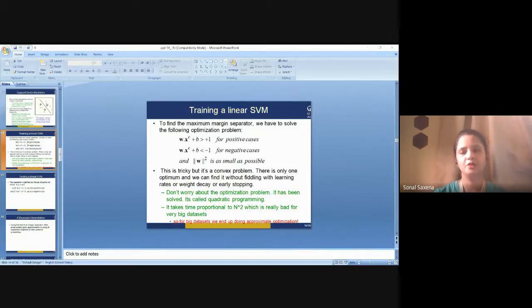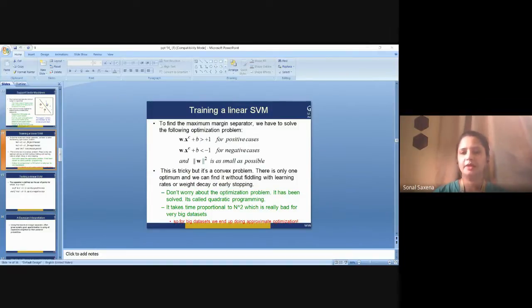Now we come over to the linear SVM. Let's say we are given a training data set of n points of the form (x1, y1), (x2, y2) through (xn, yn). We plot each input data point on the xy plane with coordinates (x1, y1), (x2, y2), and so on till (xn, yn), where yi is either 1 or minus 1, which indicates the class to which the point xi belongs.